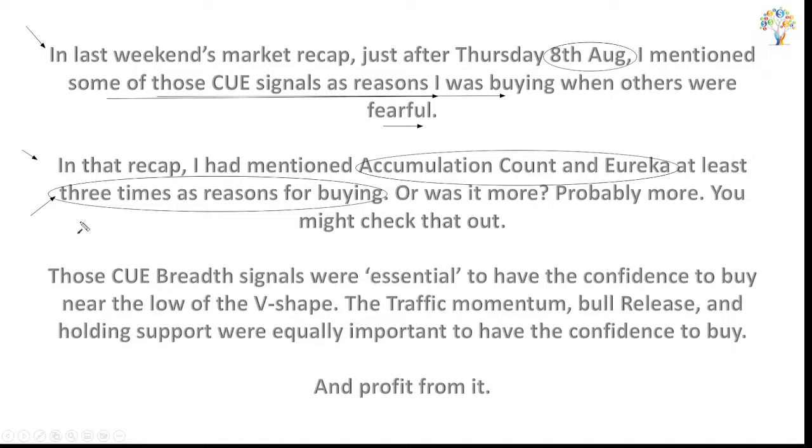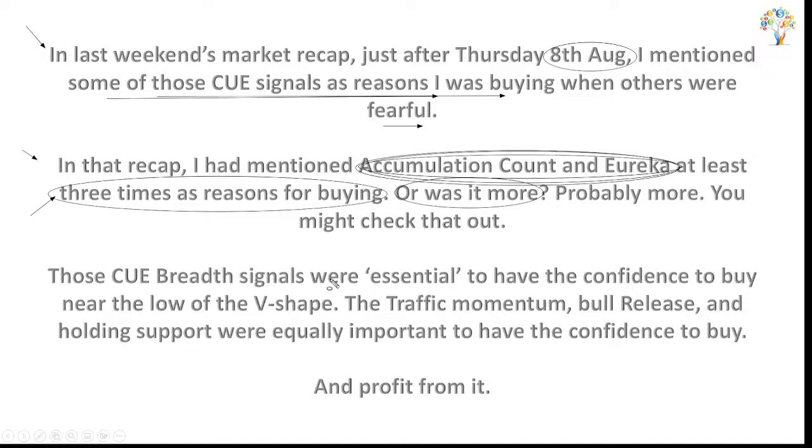I might get confidence from other Q signals, which were also very useful, but the final confidence came from accumulation count and Eureka in the breadth total view. At least 3 times I mentioned that in the last market recap video, or was it more? Probably more. You might check that out. More times I mentioned the importance of these signals.